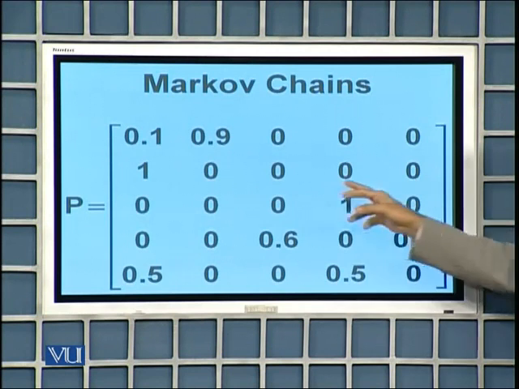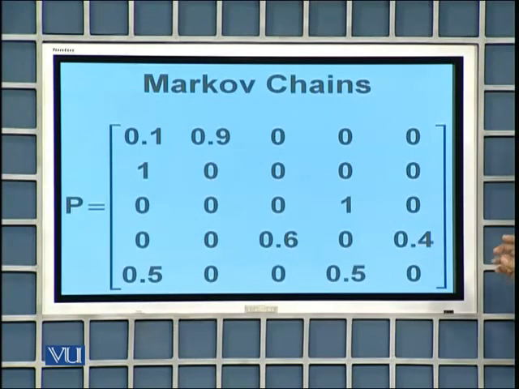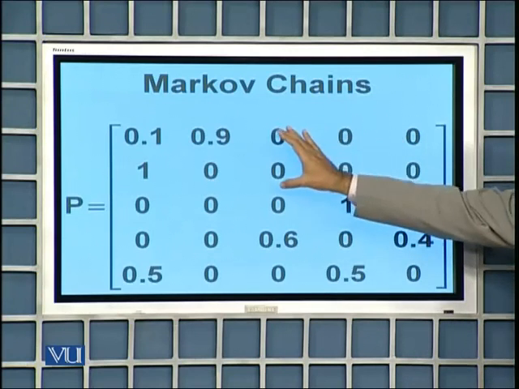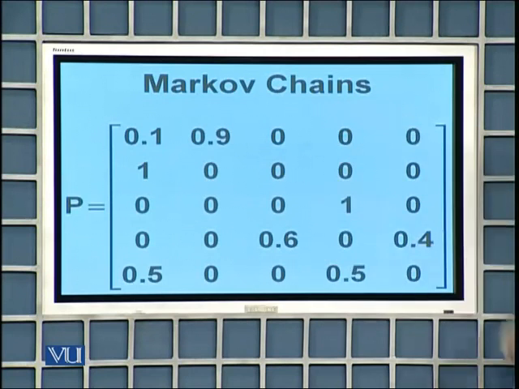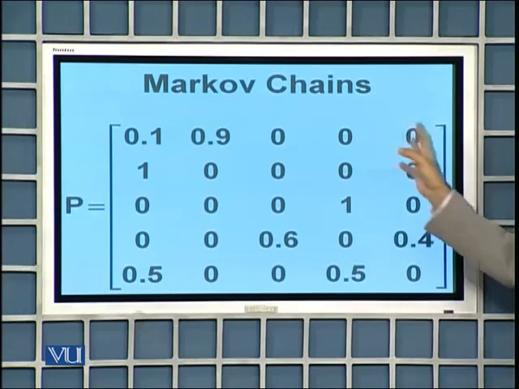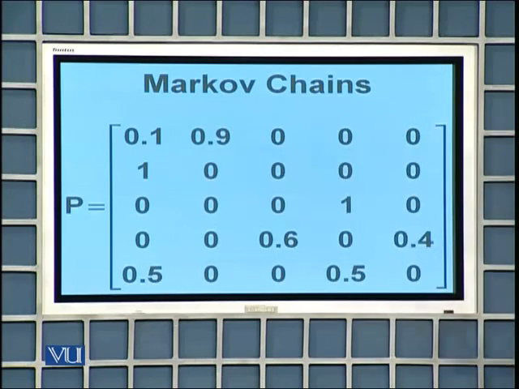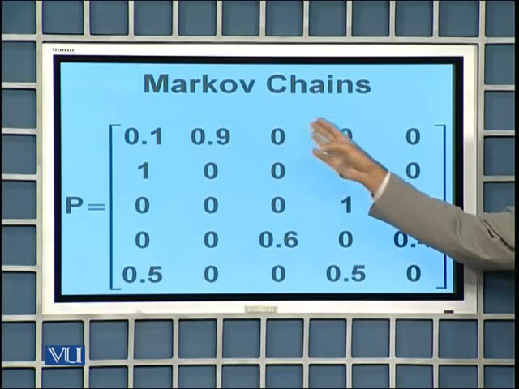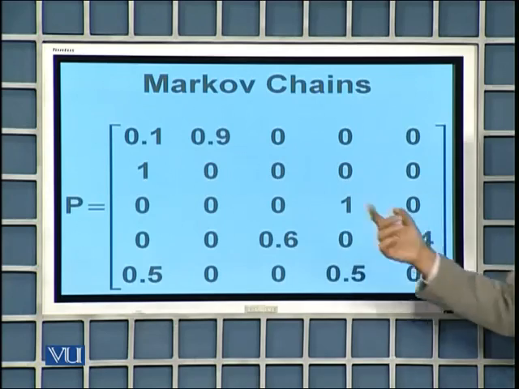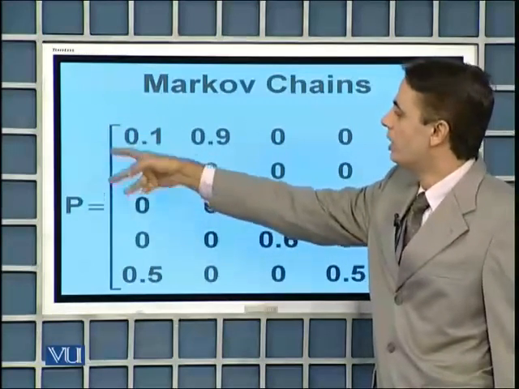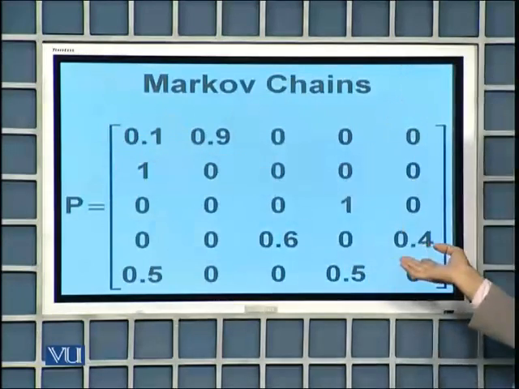Furthermore, for this 3 by 3 matrix representing the 3 transient states, if you look at the top sub-matrix above it, this is all zeros. The reason is that these transition probabilities represent transitions from these 2 recurrent states to these transient states.